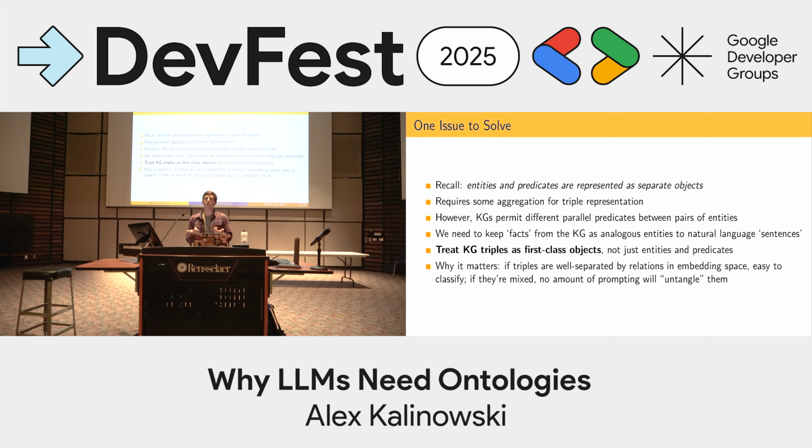So you're losing out on the important predicate information, that relationship between the entities. And since we have different parallel predicates, right? You can live in a city and be born in that same city. You lose that relational data. So we need to treat these knowledge graph triples as first-class objects, not just the entities and the predicates separately.